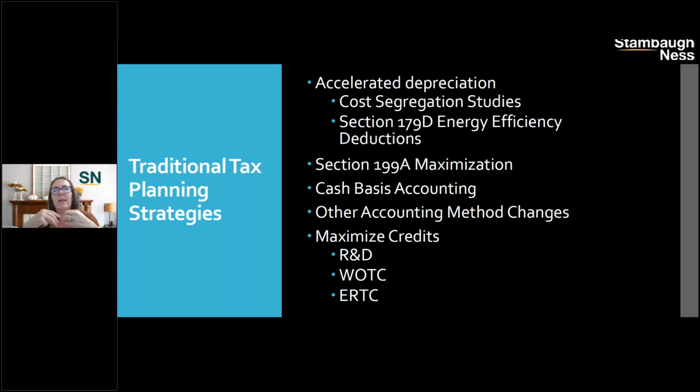But with depreciation, you can also partake of something called a cost segregation study, where if you're moving into a new building, or you built a new building, or you have a building on the books at 39-year property and you're just depreciating ratably over that 39 years, you can have a study done where a certified engineer will look at that, and maybe some of the building is in a shorter life if it's related to equipment rooms or just different shorter life properties.